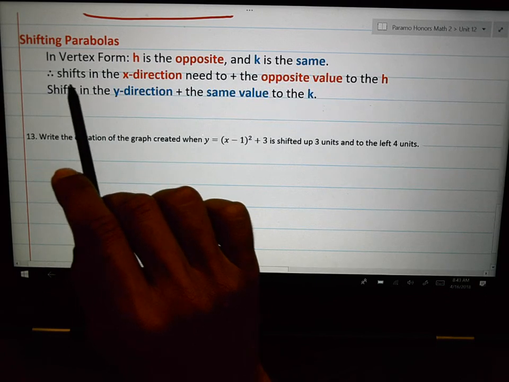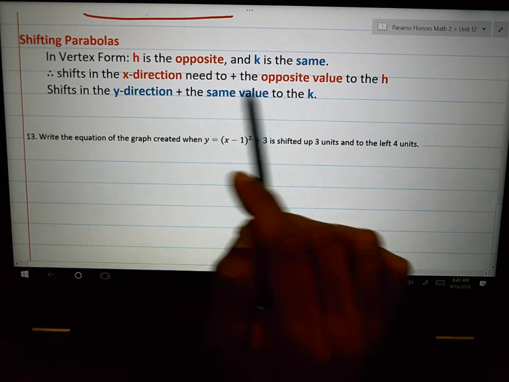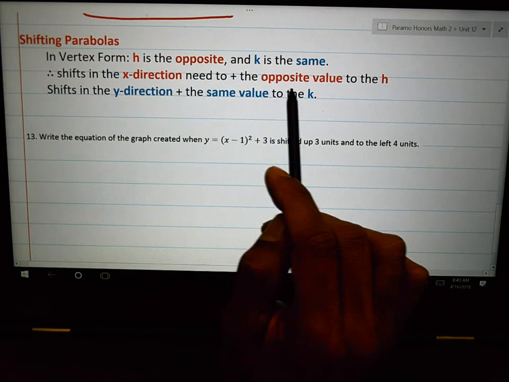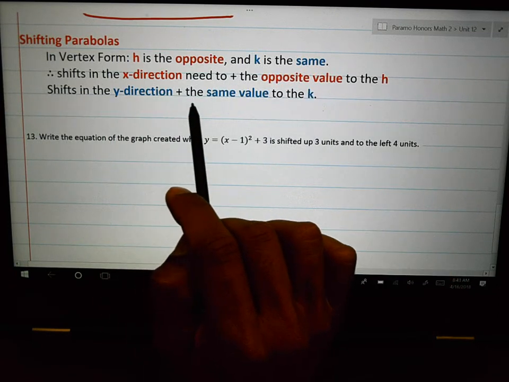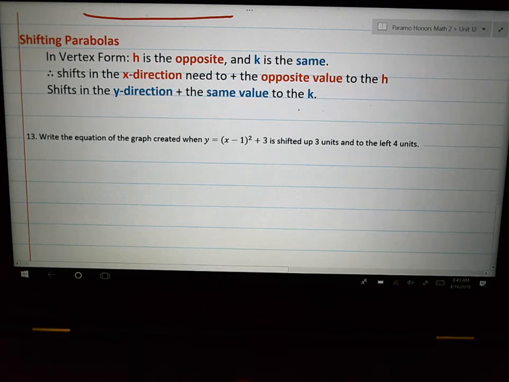Therefore, shifts in the X direction need to be adding the opposite value to the H. Shifts in the Y direction add the same value to the K. So if we remembered opposite same, X directions, we're going to add the opposite value to the H. Shifts in the Y direction, add the same value to the K.